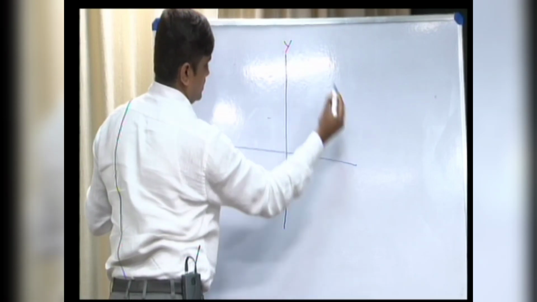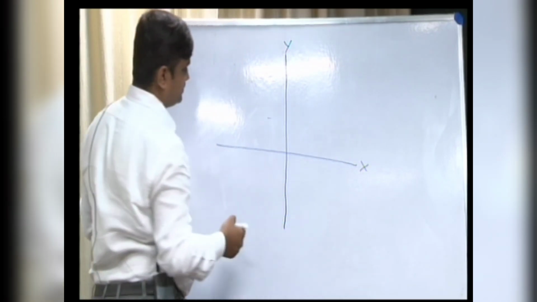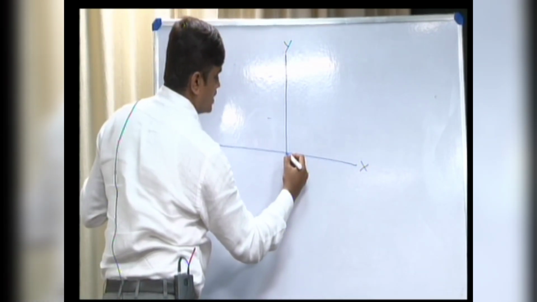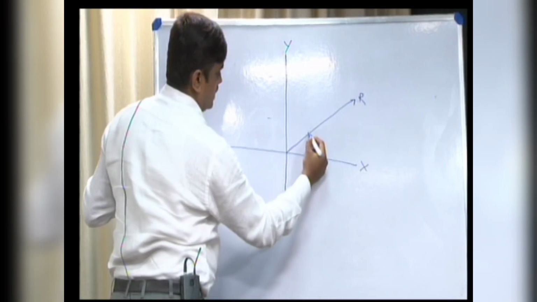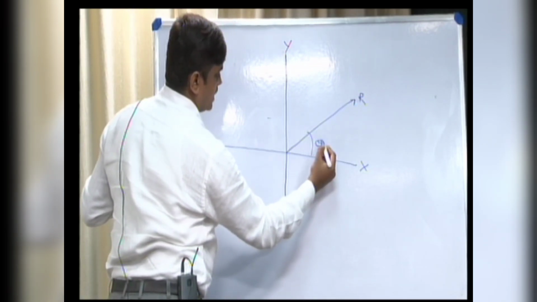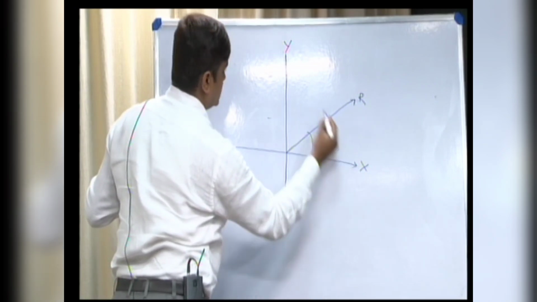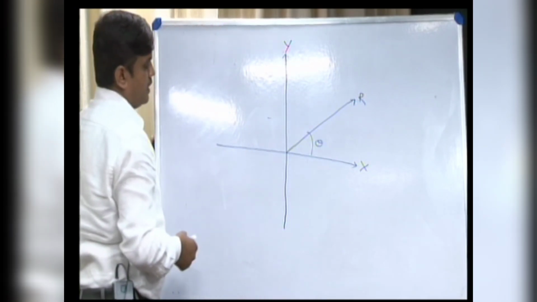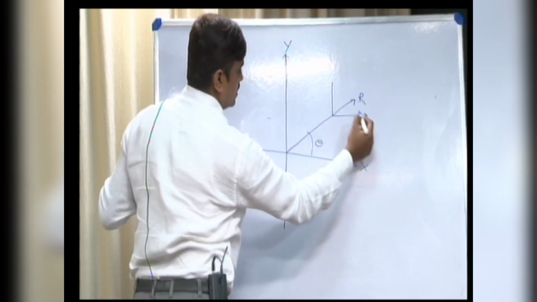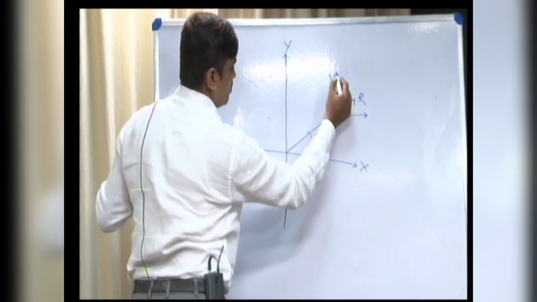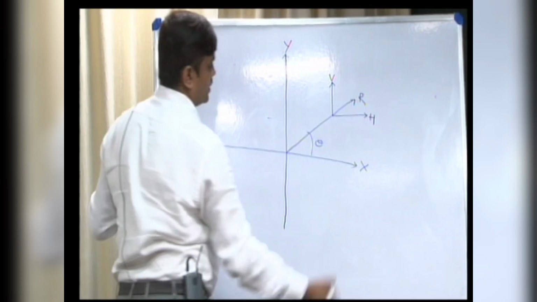Y axis, x axis. As I told you, force R is making an angle theta, and this can be resolved into two forces, a vertical component and a horizontal component.